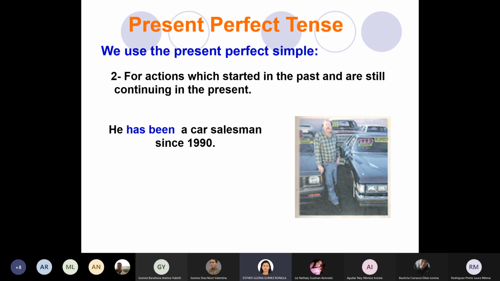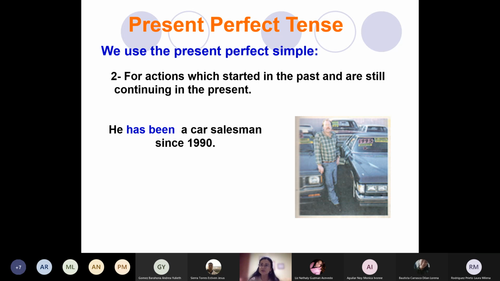Okay, so here we say we use the present perfect tense for actions that started in the past and continue in the present. For example, me, I am an English teacher, but I have been an English teacher for 15 years.